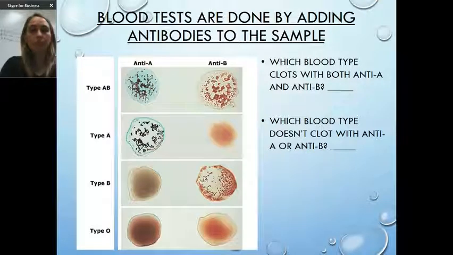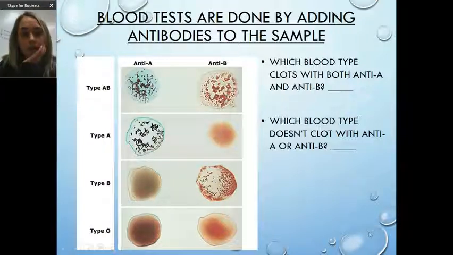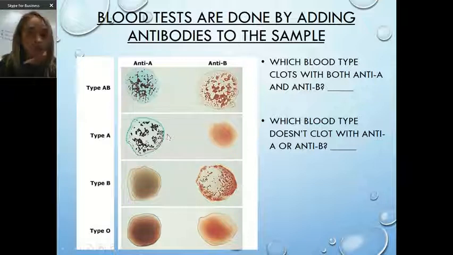When you do blood tests, they're done by adding antibodies to a sample and seeing what clots. So if you have type AB blood right here, it clots with both anti-A and anti-B. Type A blood reacts to just anti-A, type B blood just anti-B, and type O blood doesn't clot with either.